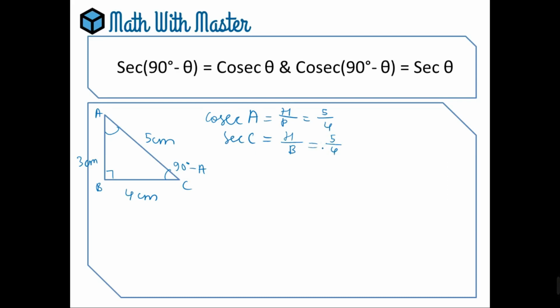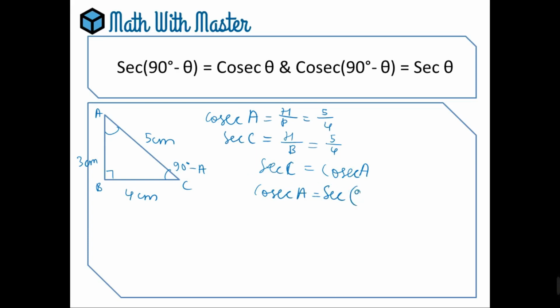Now why are these values equal? Because angle A and angle C are complementary. That's why the ratios are coming the same. So we can say that sec C is equal to cosec A. Then cosec A is equal to sec C. What can we write for C?